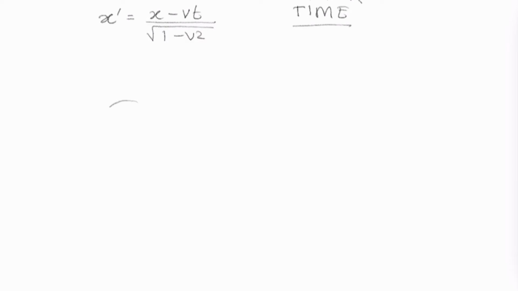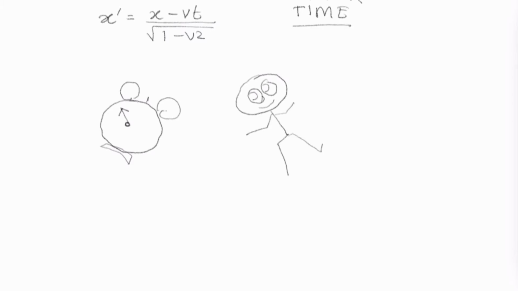Imagine a clock in space and imagine a moving observer A. This is his frame of reference, X and T. This is the trajectory of the clock in his reference frame, X equals Vt.